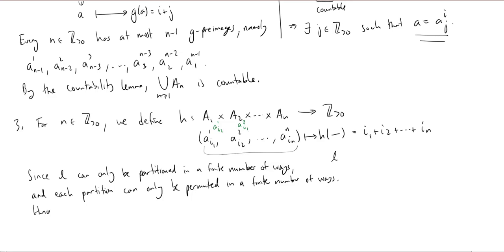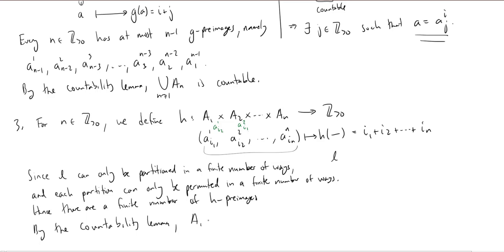Hence, there are a finite number of h preimages. And therefore, by the countability lemma, there we go, A1 through An is countable.